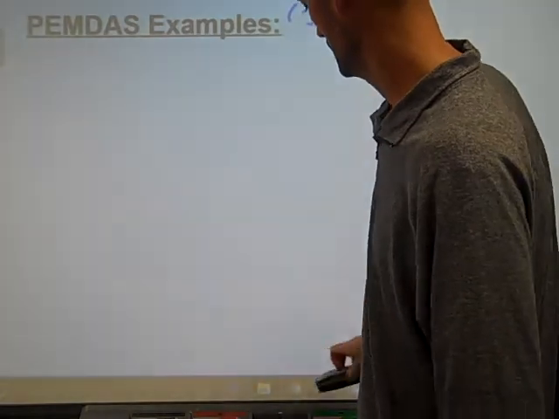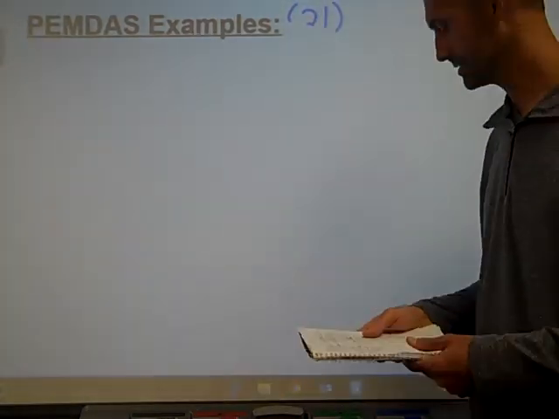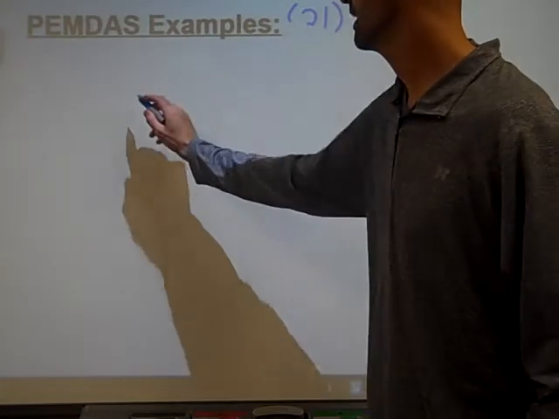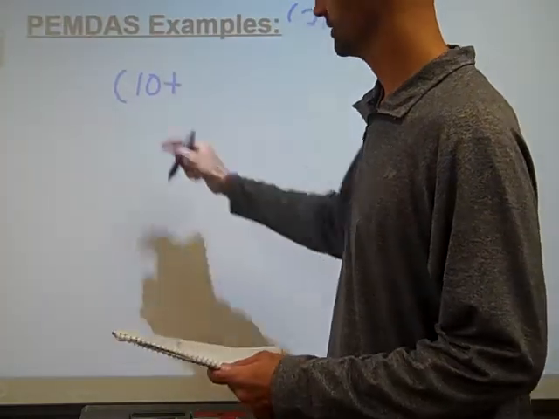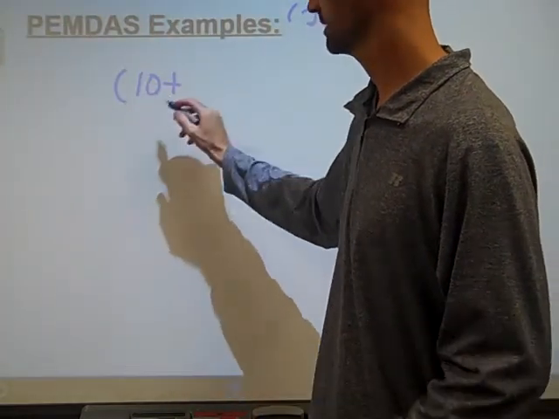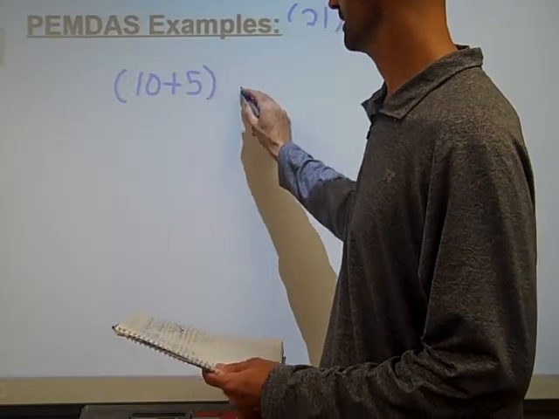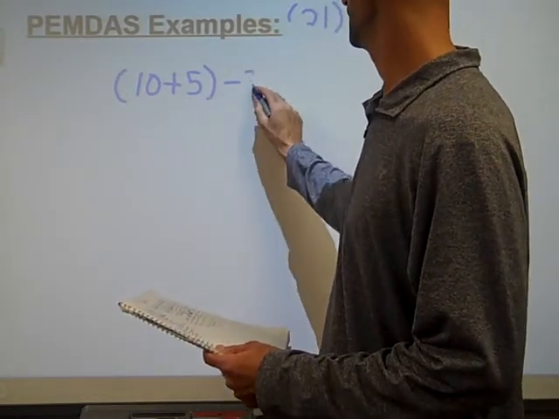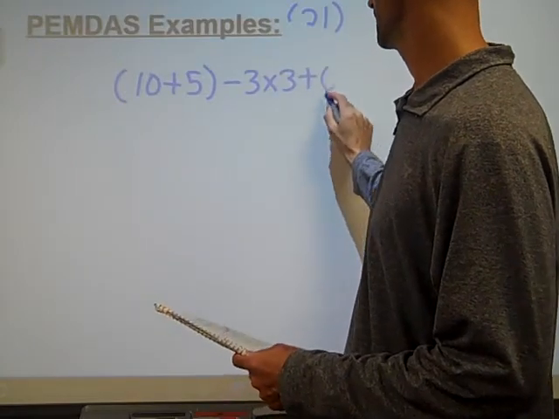And again, skip a couple of lines, and let's keep this one also on page 21. I think you should have room. So there's a parenthesis, 10 plus 5, parenthesis, minus 3 times 3 plus 6.